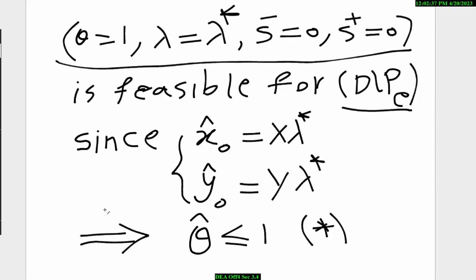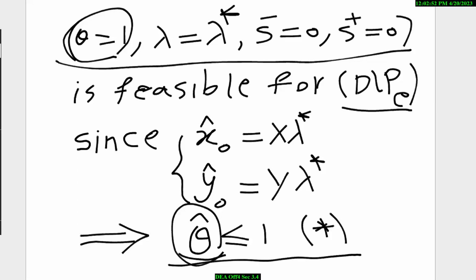And since this is feasible, that one is optimal, and the model is minimization, we have theta hat is less than or equal to 1. We name it a star.